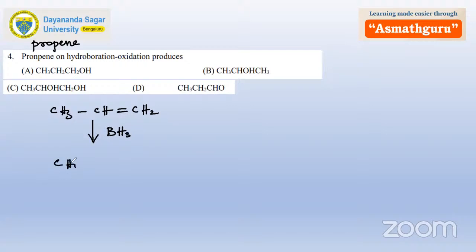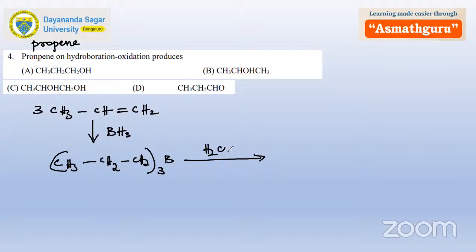What will happen then? 3 molecules of propene will combine with this to form tripropyl borane. And this tripropyl borane undergoes oxidation with hydrogen peroxide. And the B will be removed as H3BO3, and in that place you get OH: CH3, CH2, CH2, OH. What is the option, sir? So first option.